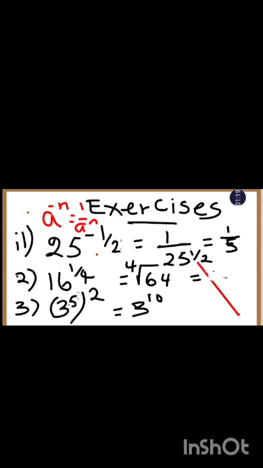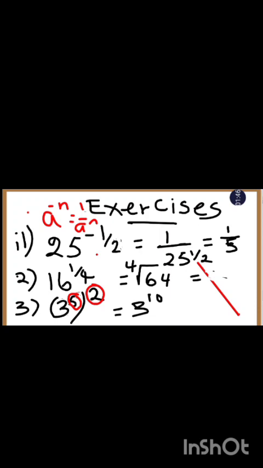And if you have 3 raised to the power 5, all that to the power 2, you multiply the powers. The power here is 2 and here 5. So 5 times 2 will give us 10. 3 raised to the power 10.